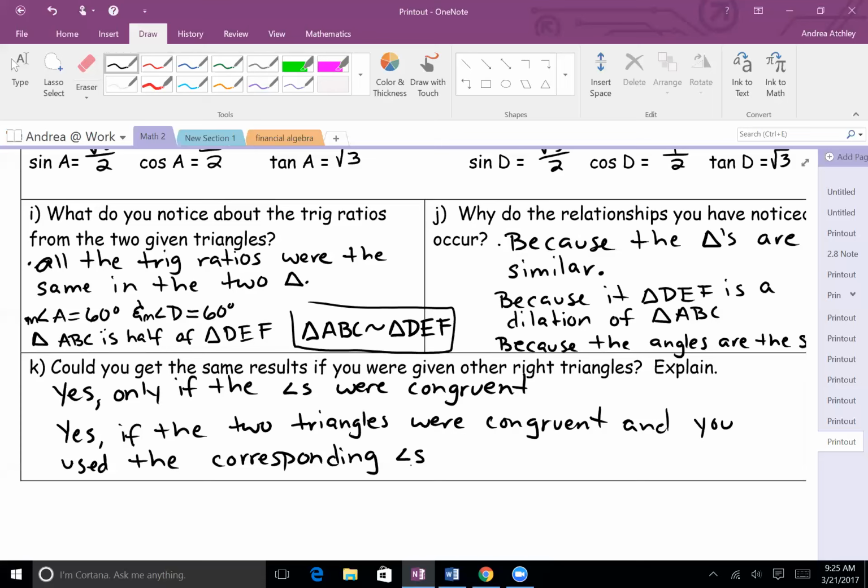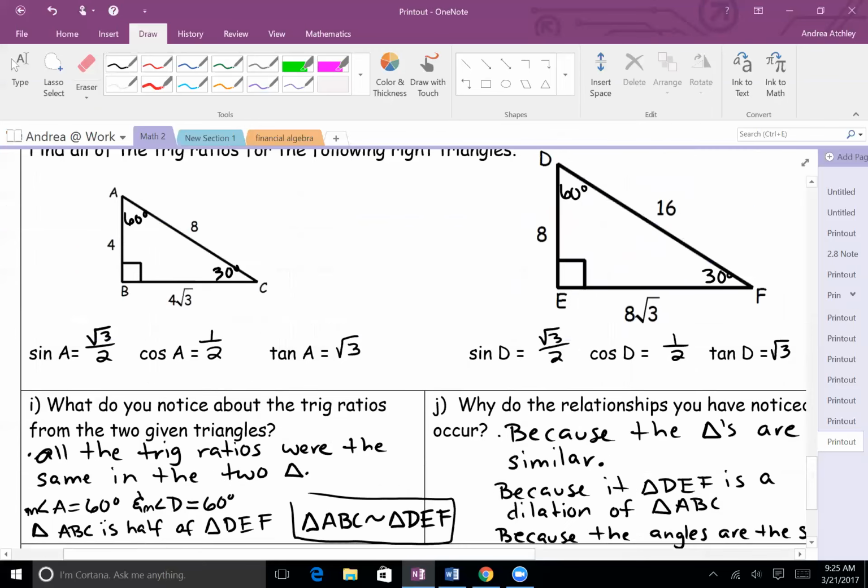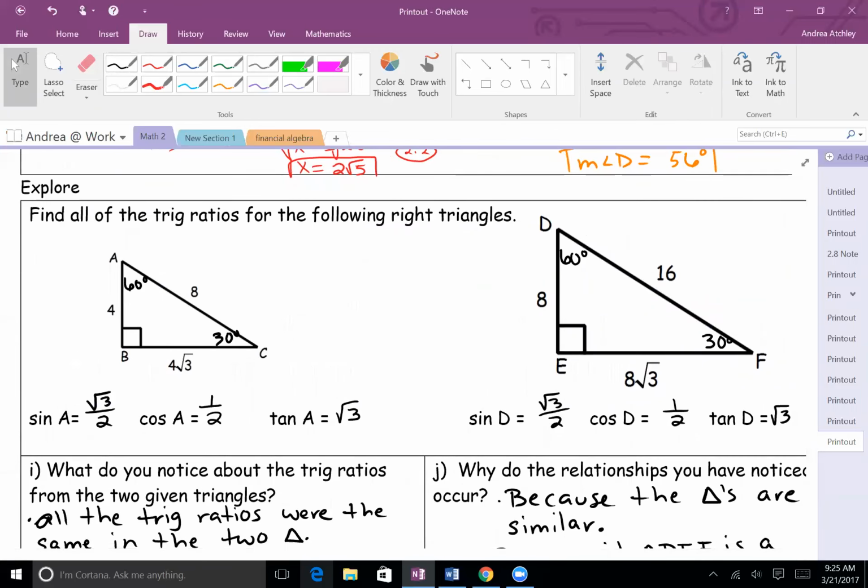Okay, so the key from this is that all 30, 60, 90 right triangles, if you have a triangle that has congruent angles, then all of the trig functions are going to match.